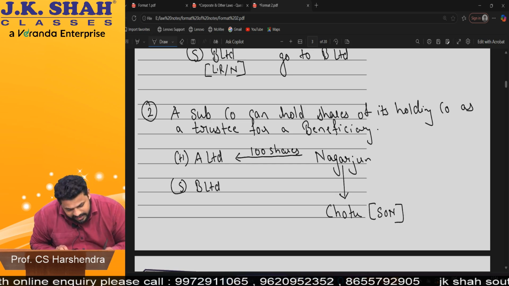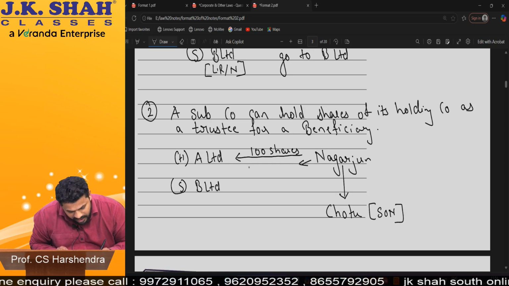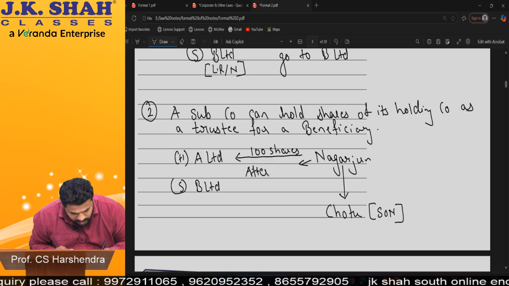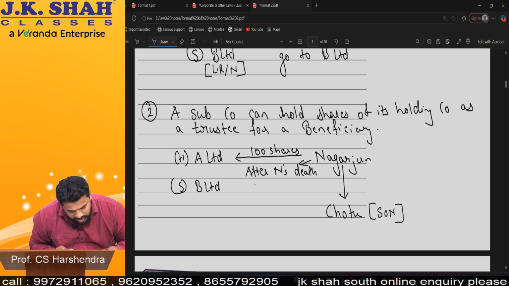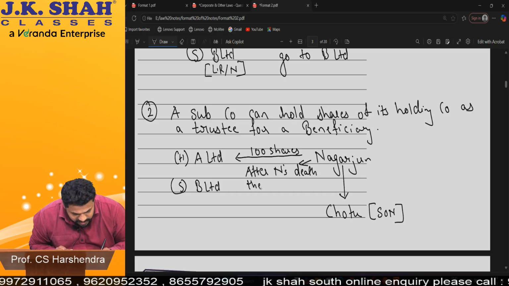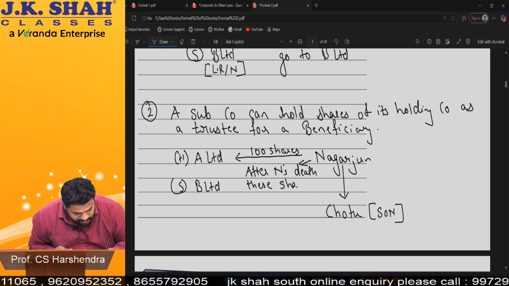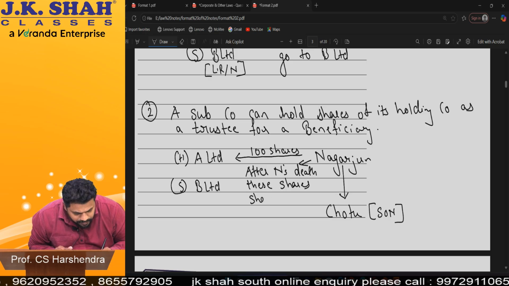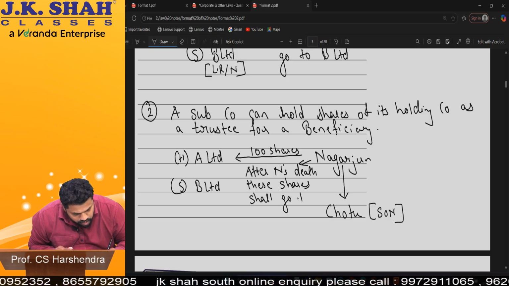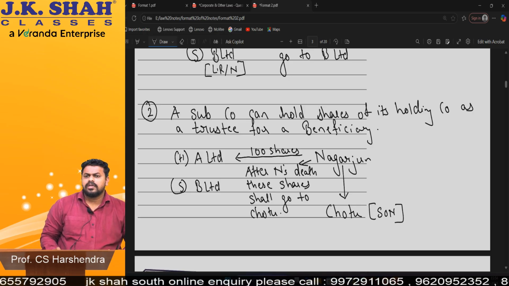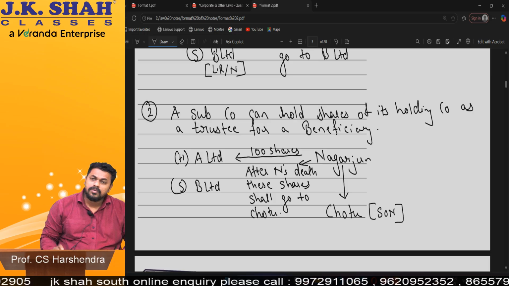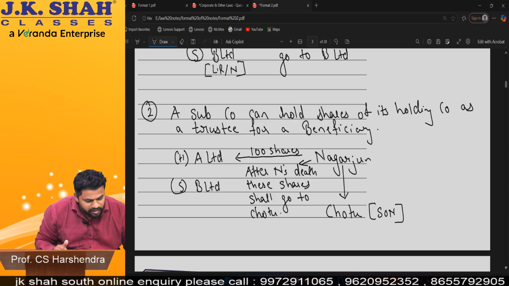So Nagarjun writes in his will that after Nagarjun's death, these shares shall go to Chotu. But Chotu is how many years old? Chotu is 8 years old. Can he be a member? No, he cannot be a shareholder. He is not competent to contract.